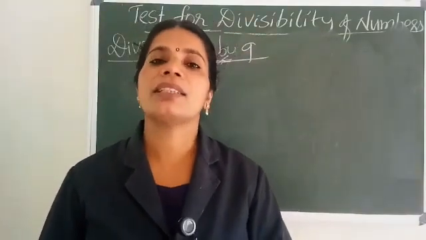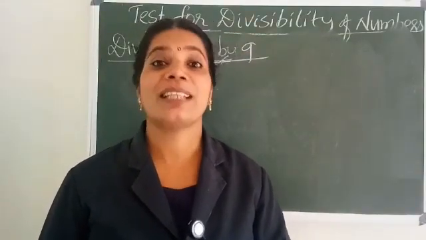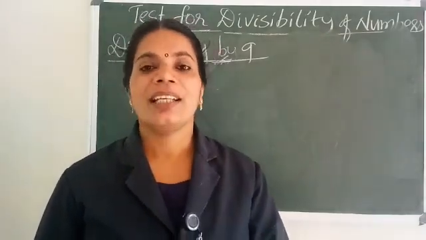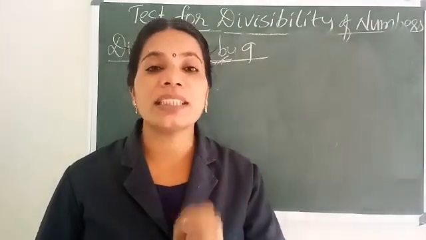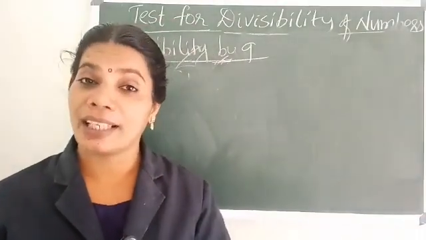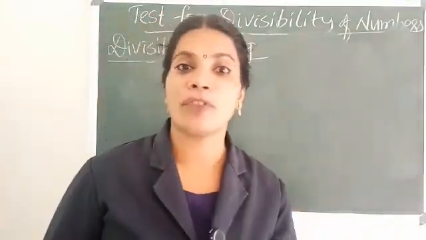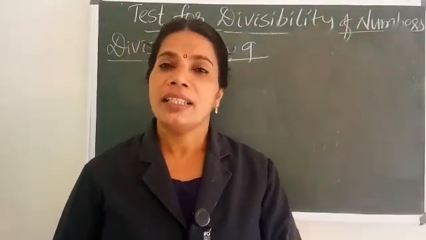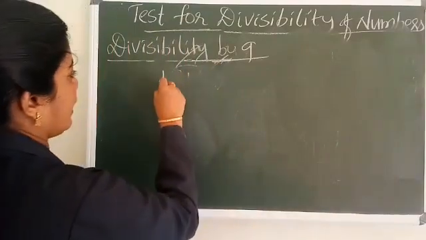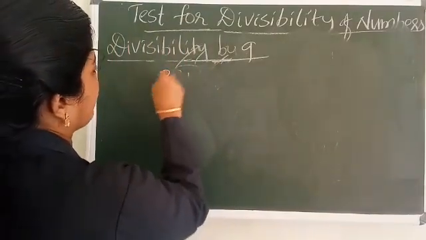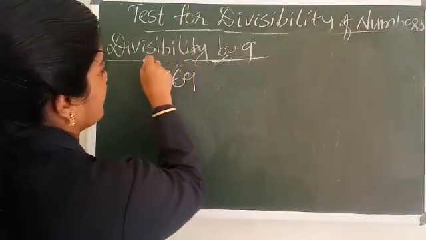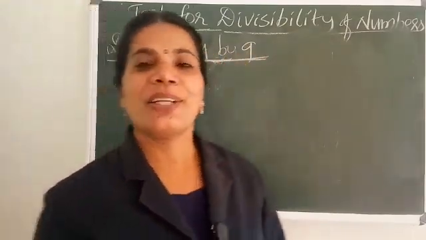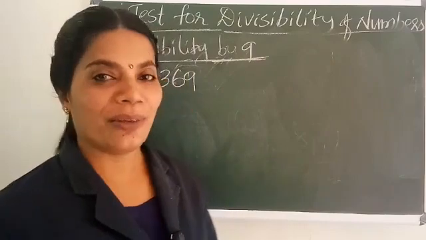Next, divisibility by 9 is the same as the rule of 3. What is the divisibility rule of 3? The sum of the digits is divisible by 3. Here, if the sum of the digits of a given number is a multiple of 9, it is divisible by 9. Let's check if 369 is divisible by 9 or not.